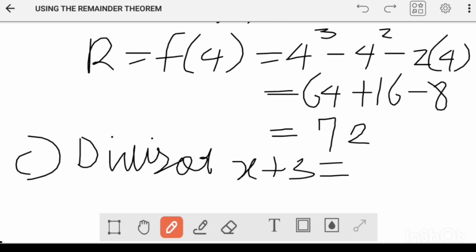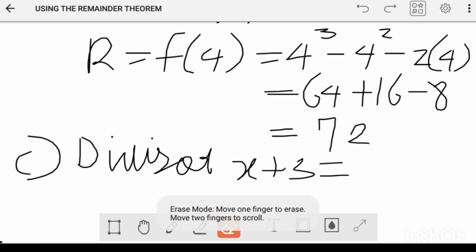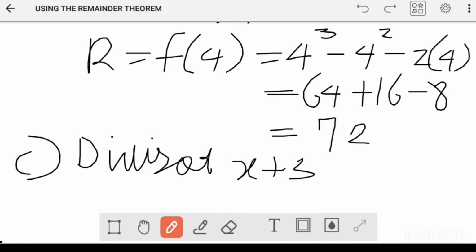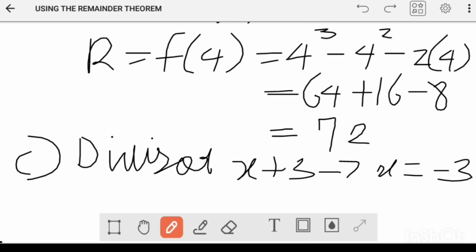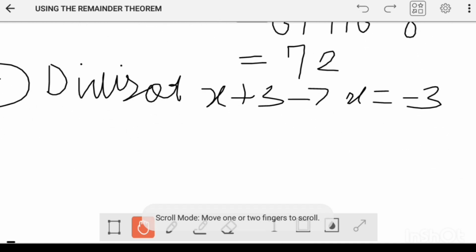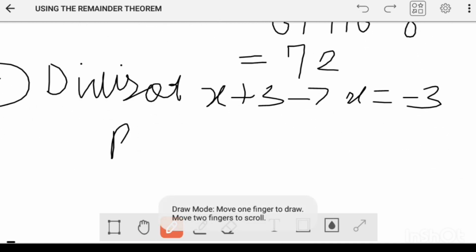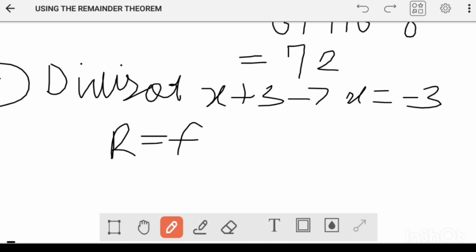So this one also means that you have x equals minus 3. That's what you get here. So the function now will be based on the fact that our x is minus 3. So the remainder equals f of minus 3.